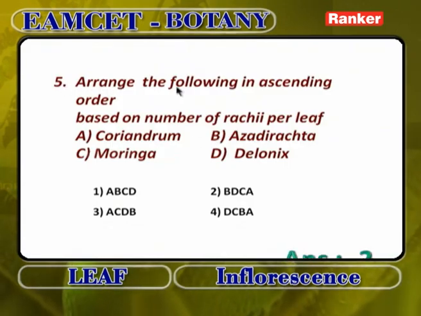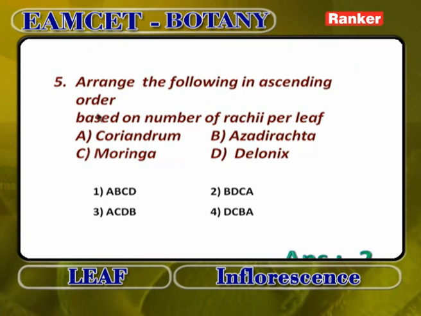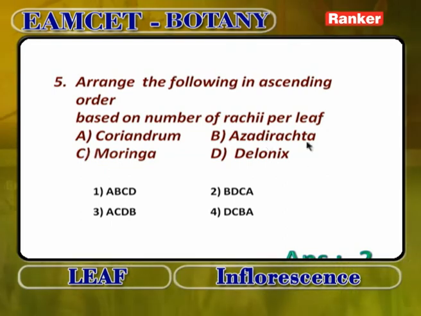Next, arrange the following in ascending order based on the number of rachis per leaf. Azadirachta has only one rachis, that is the primary rachis. Leaflets are arranged on both sides of the primary rachis.